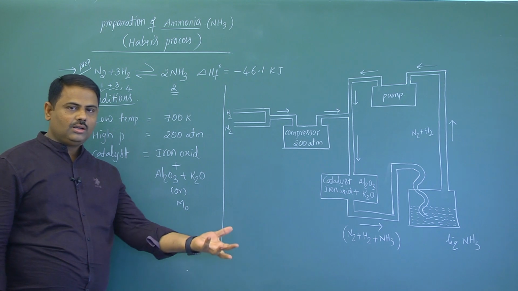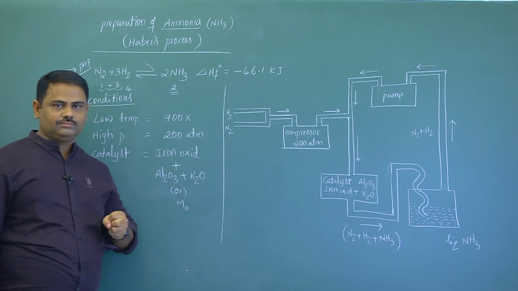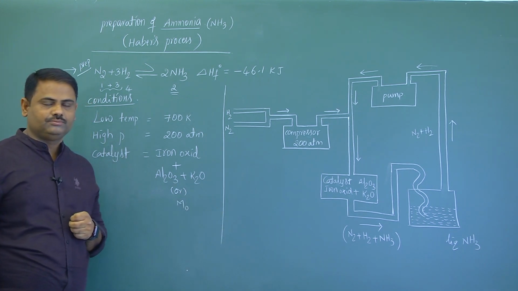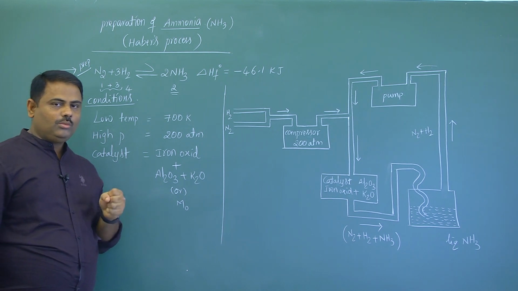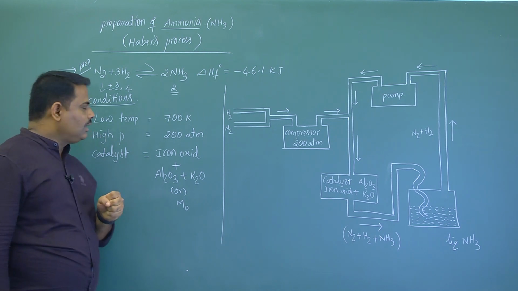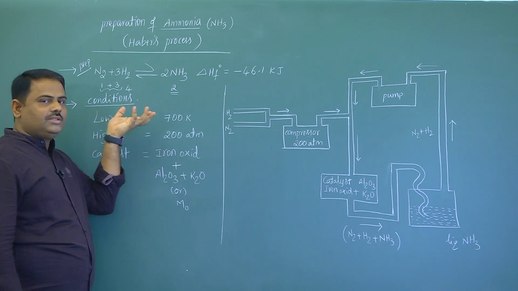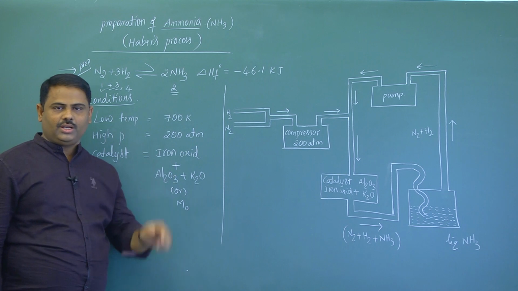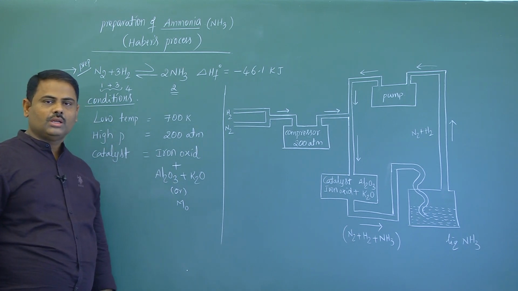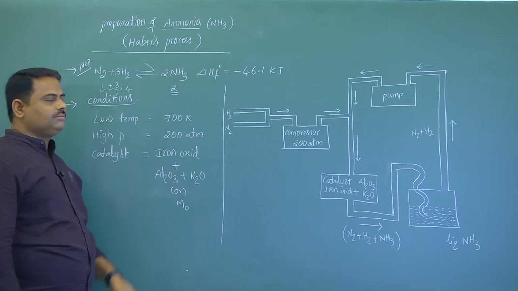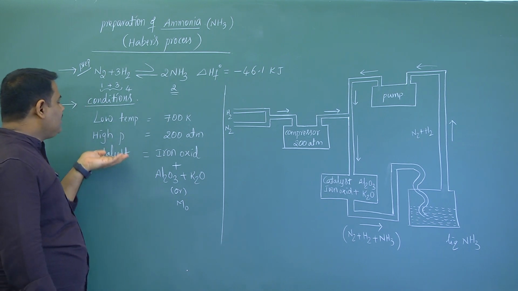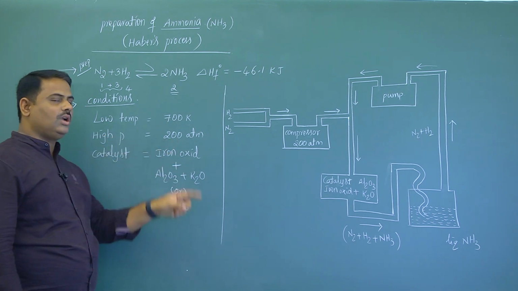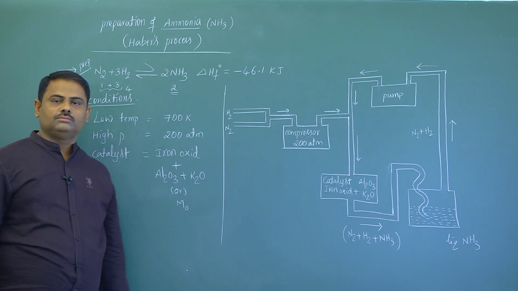So we want that decrease in volume reaction for preparation of ammonia. According to Boyle's law, as pressure increases, volume decreases at constant temperature. Here to get ammonia, high pressure is required, that is nearly 200 atmospheres.